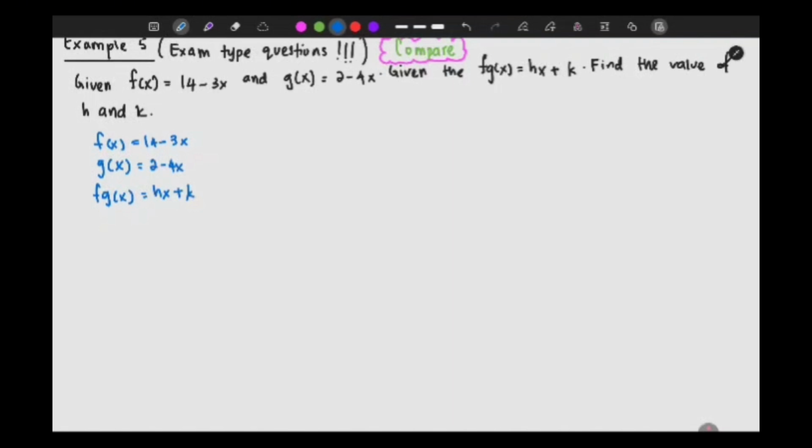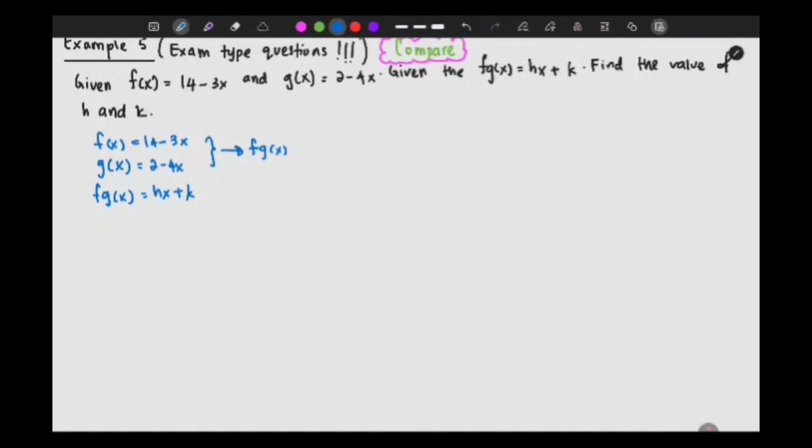So from that, are you able to find your own fgx? Because the one that they provide to us is something that you don't get. What is h and what is k? How are you going to do it? But they give us your fx and they give you a gx. So actually from there, you can create your own fgx, isn't it? So let's find our own fgx.